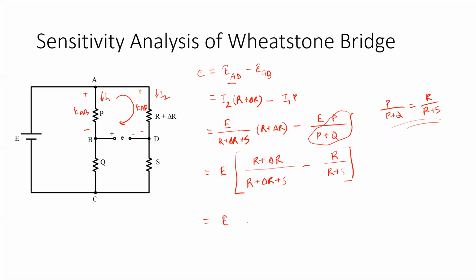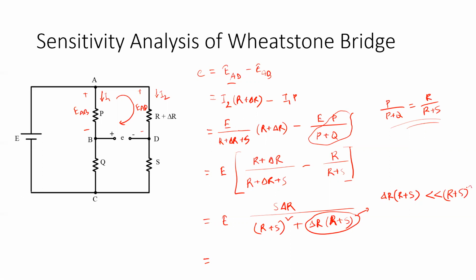I am skipping one line here. After further simplifying, we will have S into delta R in our numerator and R plus S whole square plus delta R into R plus S in our denominator. To further simplify this expression, we are going to neglect this term here, because we can consider delta R into R plus S to be significantly less than R plus S whole square.